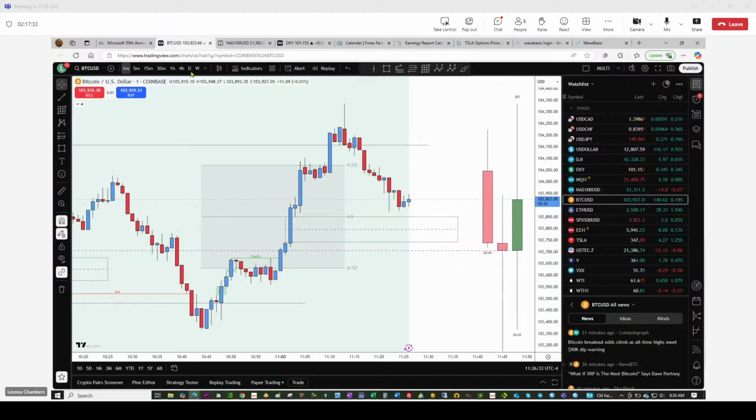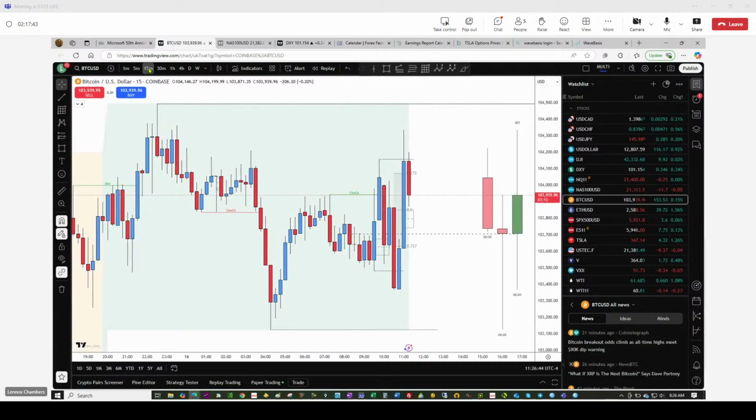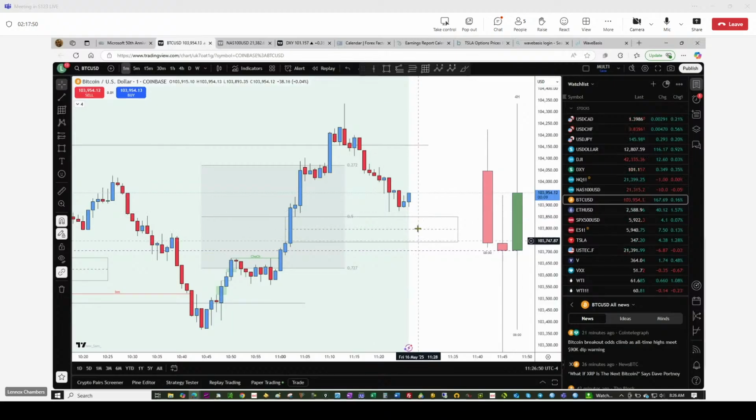See how it looks on the 5. On the 5, we've got a very large fair value gap there as well. The 15-minute has one as well. So yeah, we're going to drop one more time into this gap, and that will present an opportunity on Bitcoin to the upside.